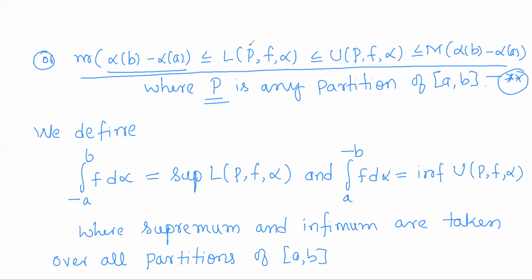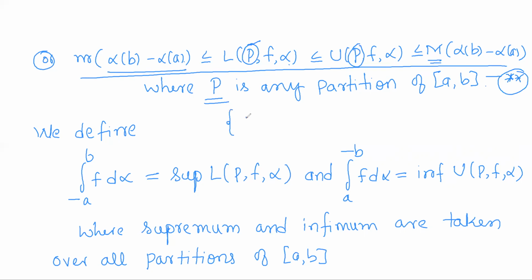So as you vary the partition P, for any partition P, the lower Riemann-Stieltjes sum L(P, f, alpha) is always less than or equal to capital M times alpha of b minus alpha of a.